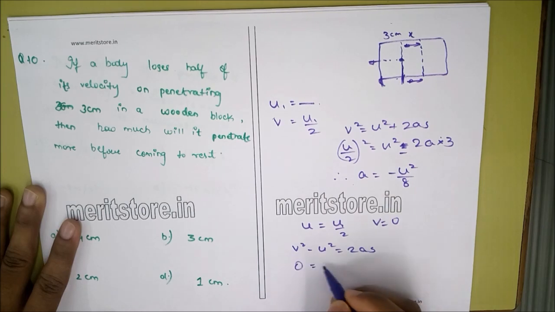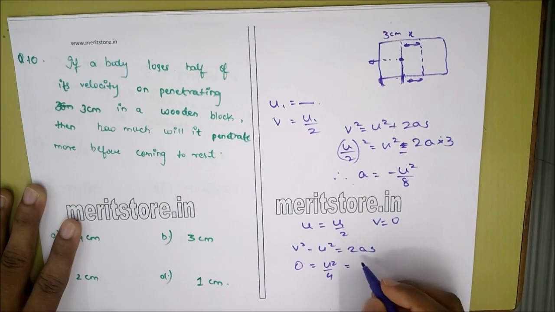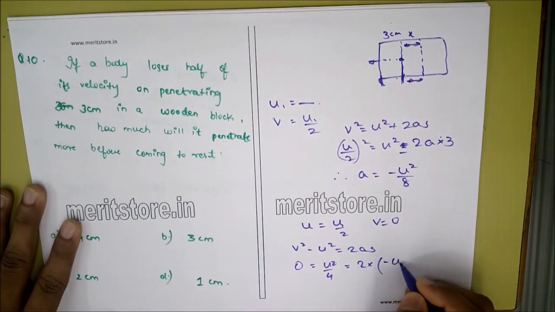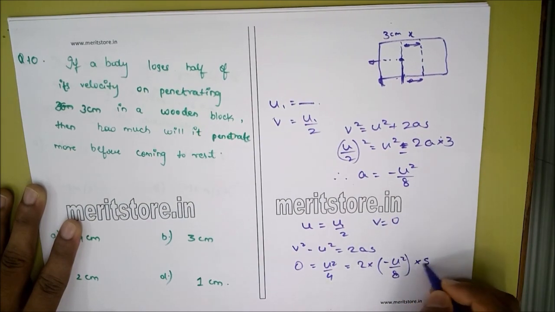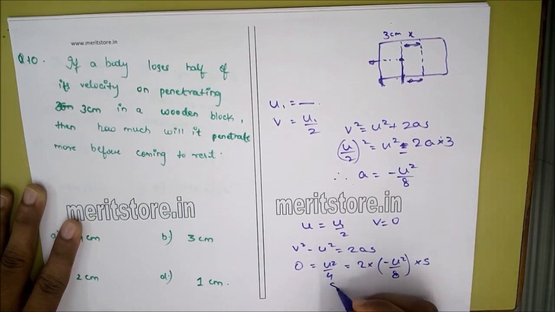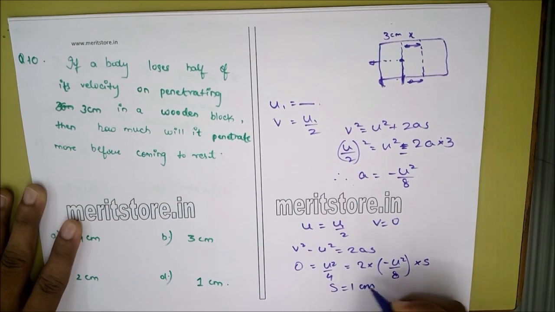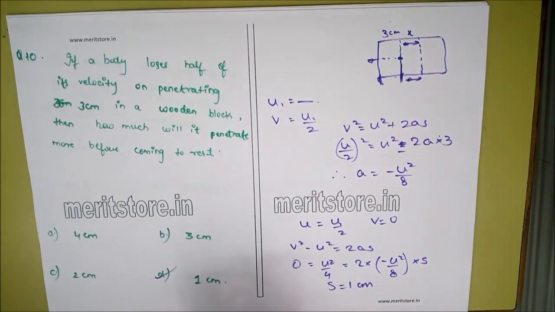So 0 minus u square by 4 is equal to 2 times the value of retardation, which is minus u square by 8, into s. Therefore the value of s is equal to 1 centimeter. Hence option D is the correct answer.